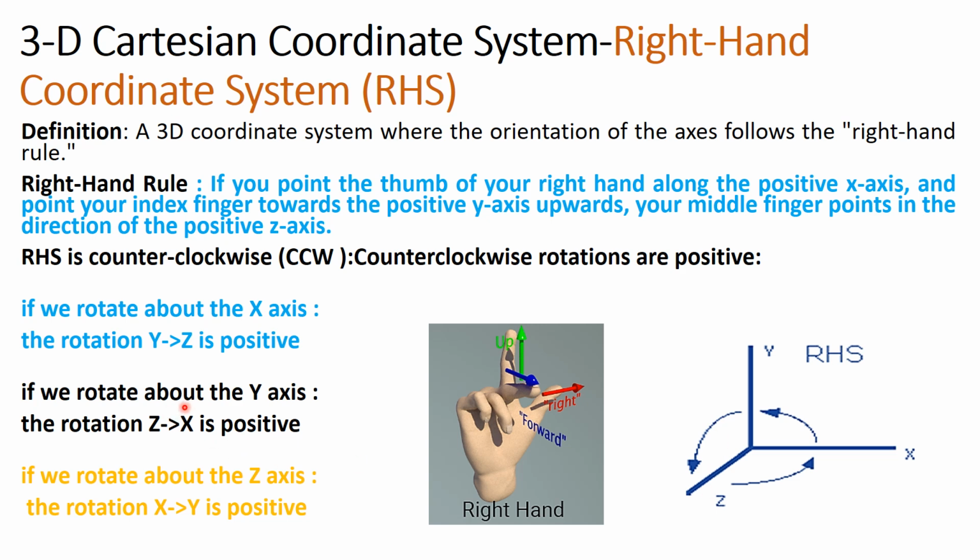And if we rotate about the y-axis, the rotation from z to x, since it is CCW, counterclockwise, is considered a positive direction. And if we rotate about the z-axis, the rotation from x to y is positive. This direction is considered positive rotation because it is a counterclockwise coordinate system.